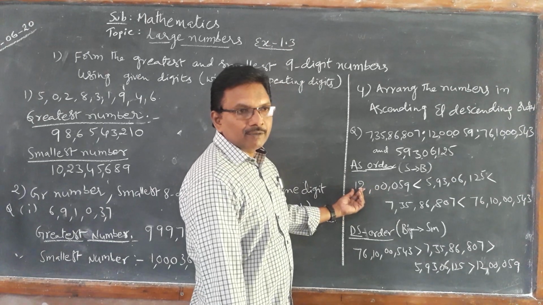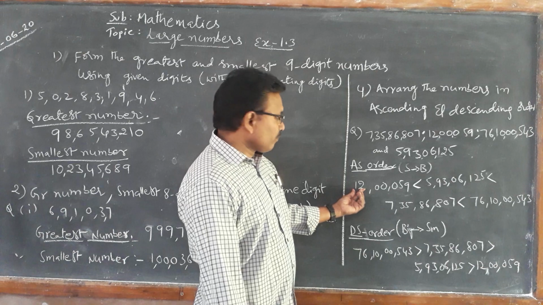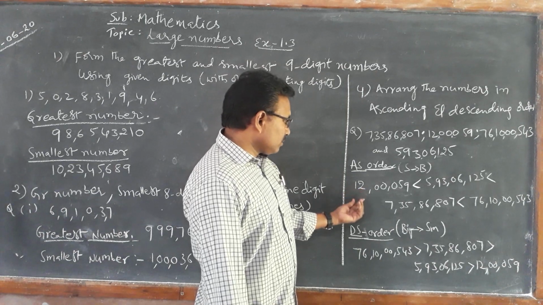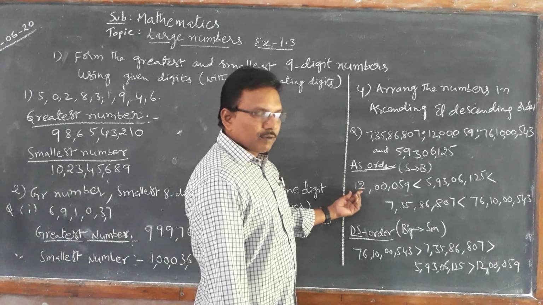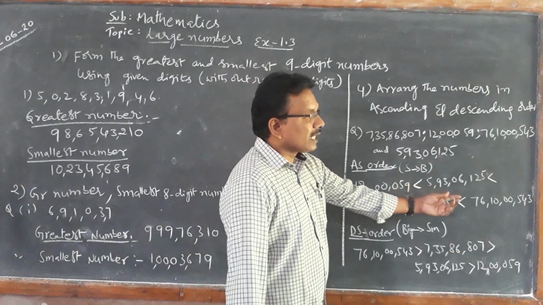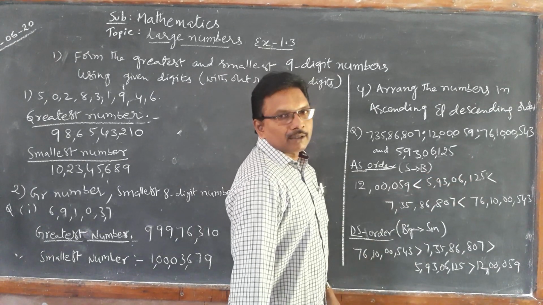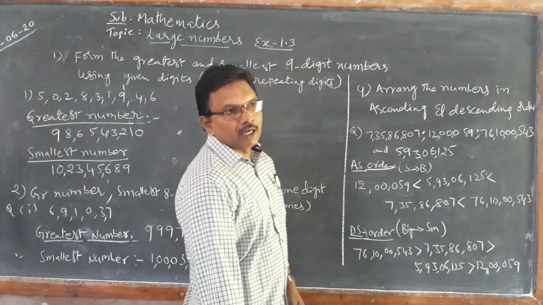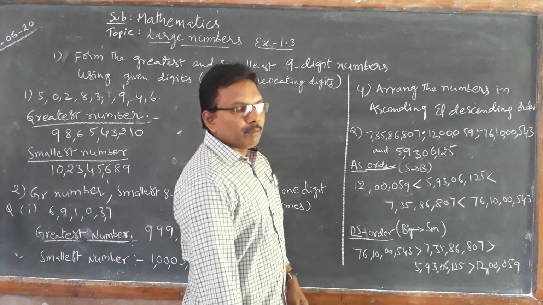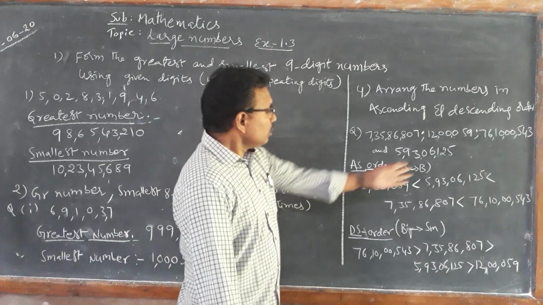If the beginning place value is smaller, you write it first. If the beginning place value is greater, write it last. In such a way we arrange in ascending order. Check the place values and arrange the numbers in ascending order, small to big.